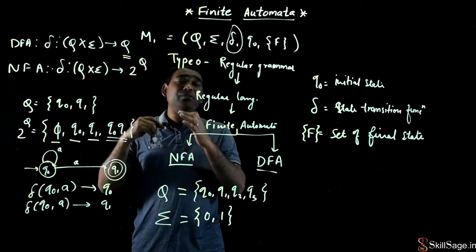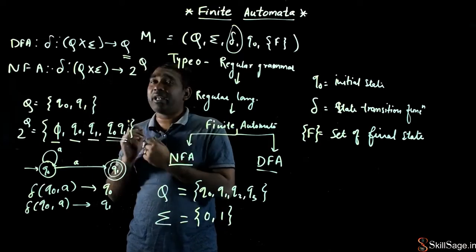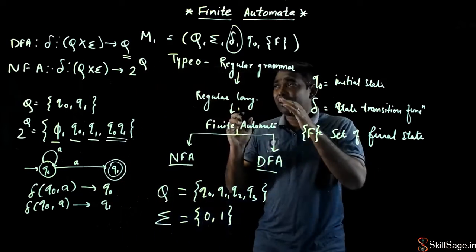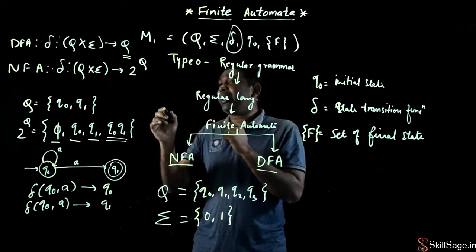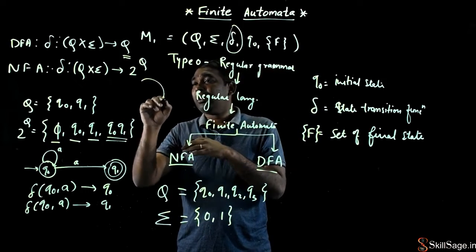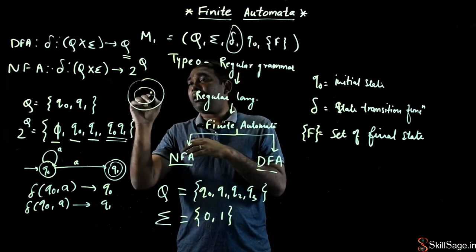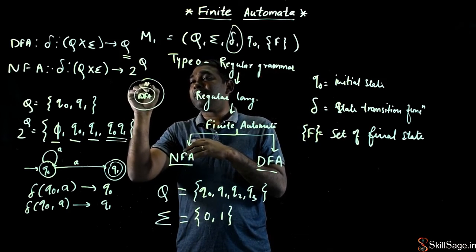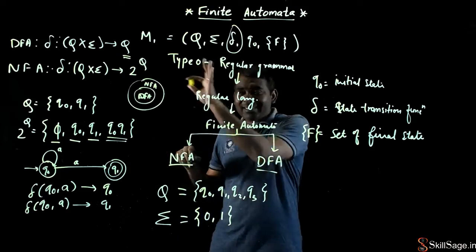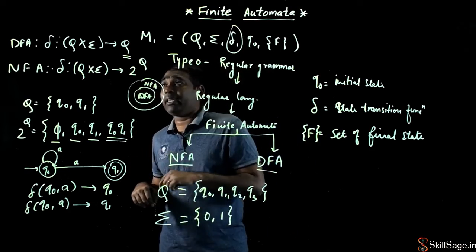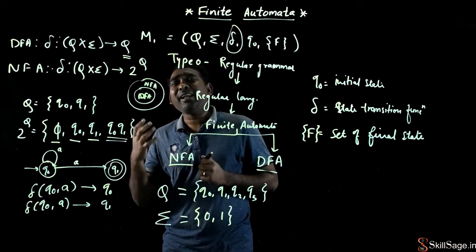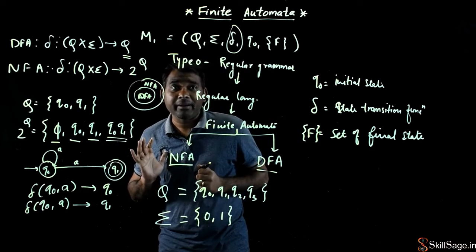Here I want to give you one relation between NFA and DFA. If I draw a Venn diagram for NFA and DFA, I am going to write it down. Say this is my DFA and this is my NFA. From this diagram, I can conclude one thing: every DFA is an NFA, but not every NFA is a DFA.